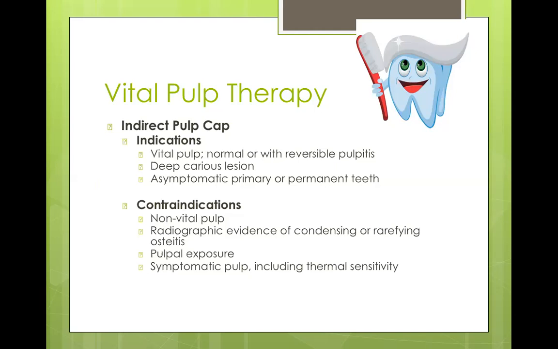Like we said, if the tooth is non-vital, or if you have radiographic evidence of condensing or rarefying osteitis, if there's pulp exposure, if you have a symptomatic pulp, including thermal sensitivity, then you probably do not want to do an indirect pulp cap.